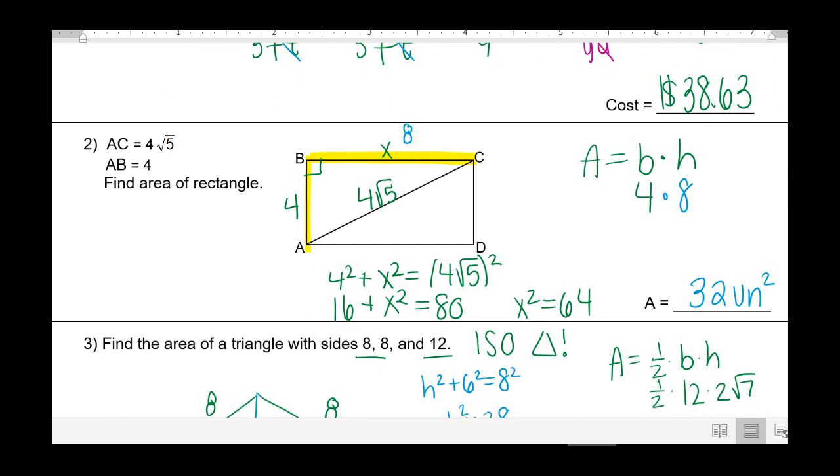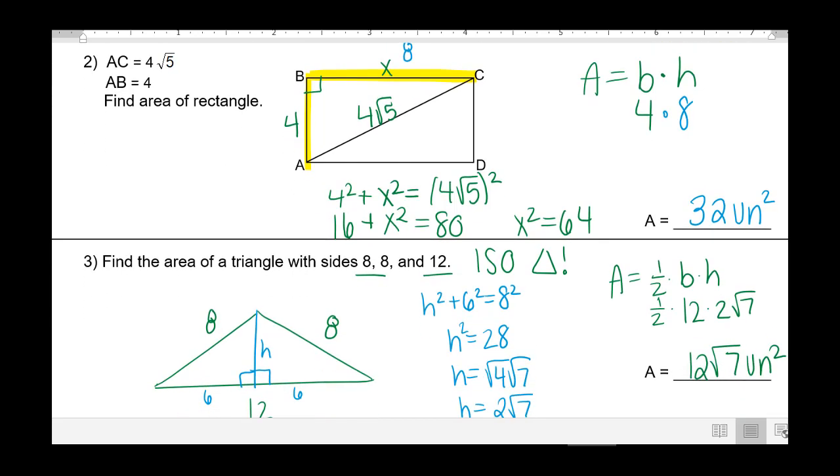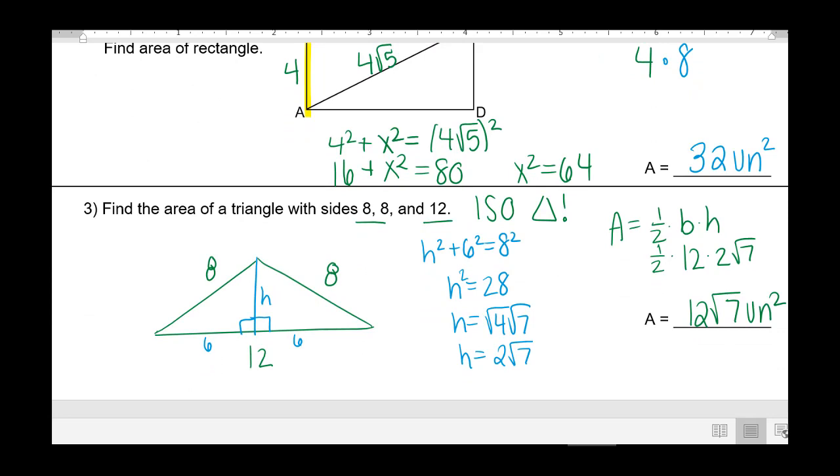And then for the second example, we're given that diagonal and we're given one of the sides. So we could use Pythag to solve for that missing length, which thankfully we do get that whole length of 8. And then we could just apply our base times height or length times width to the area of that rectangle. If you got 3, awesome. A little bit trickier. We do have an isosceles triangle, so we're able to drop down that height, which is what we need in order to find the area of that.